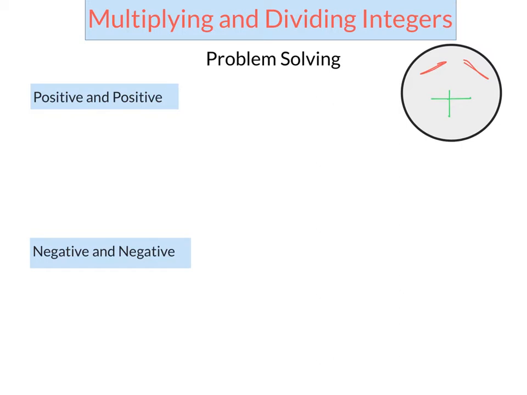So if I have 4 times 3, remember this is the same form as 4 times 3, my answer is going to stay positive. I'm going to have a positive 12. I don't need the sign there all the time though. By just seeing a 12, I know my answer is positive.